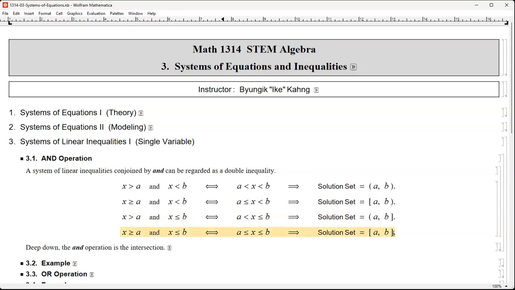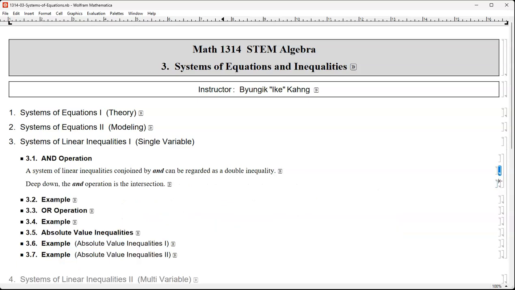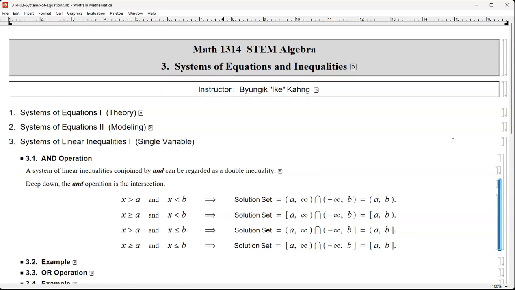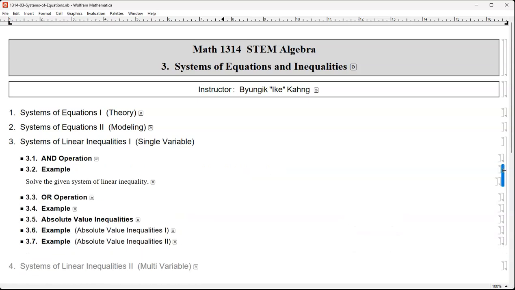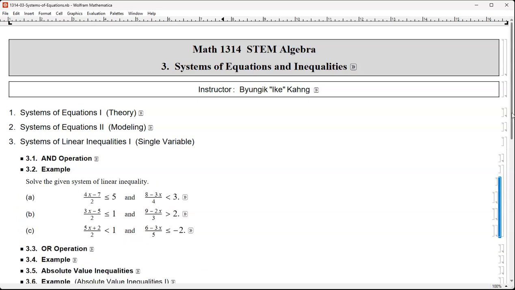And finally here, both are semi-inequalities, so we have brackets for both. Deep down, the AND operation is basically the intersection. So both must be true. So keep those in your mind and let us solidify our understanding through actual problems.